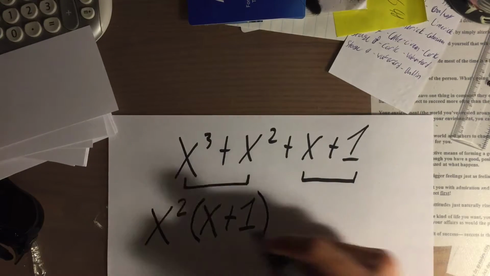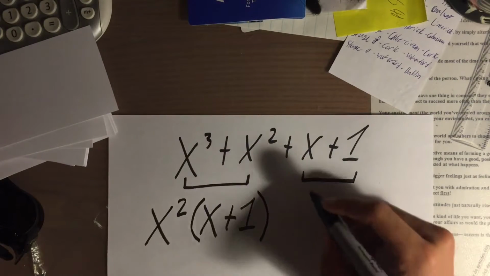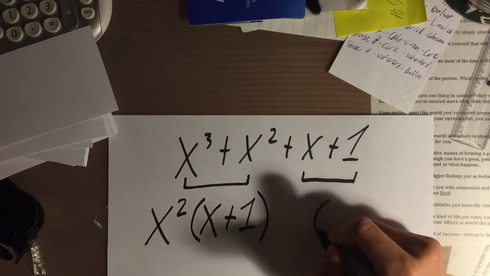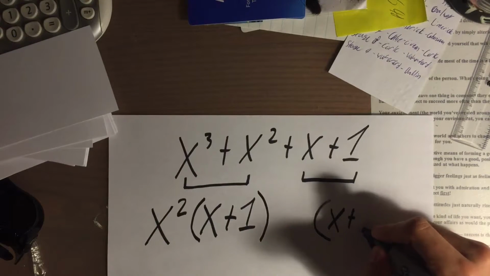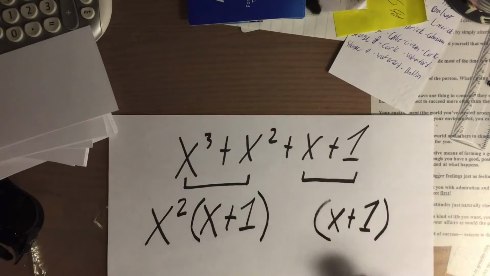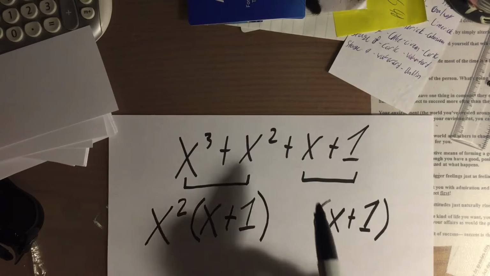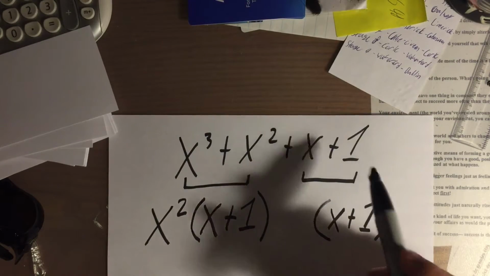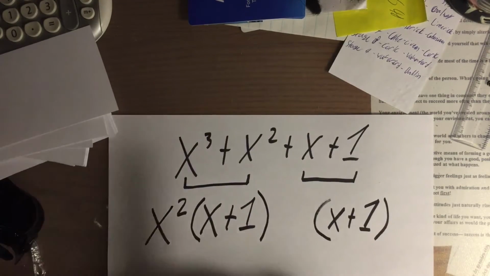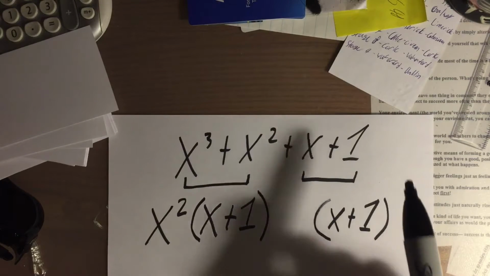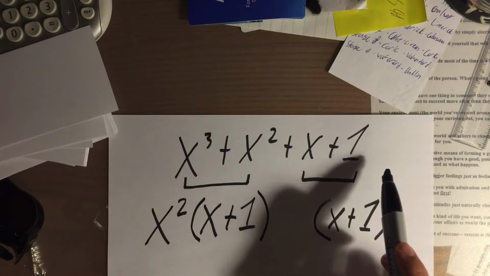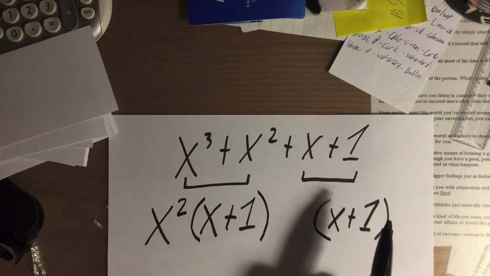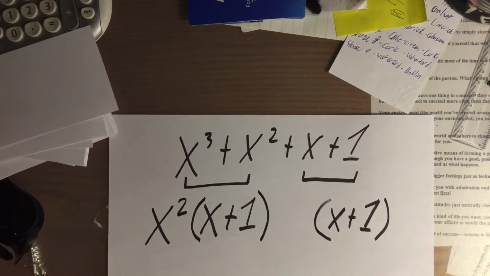Then we put these two terms over here. Now this may look strange to begin with, but bear with me. Now, we do have to find yet another GCF. Think about this. 1 technically has no GCF with x.